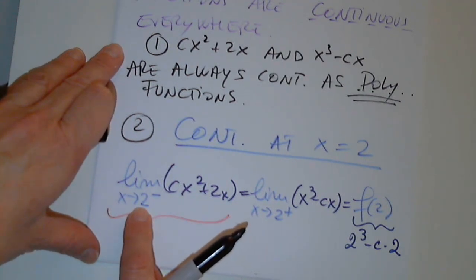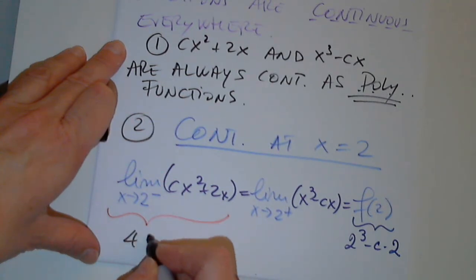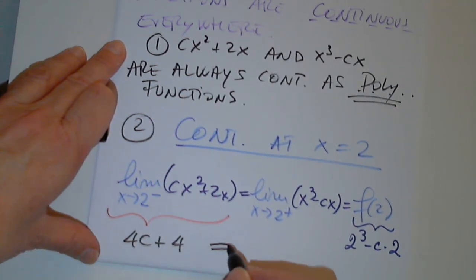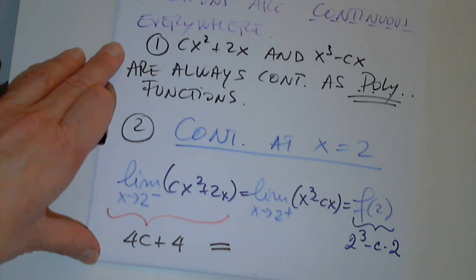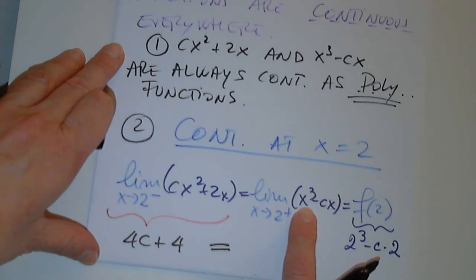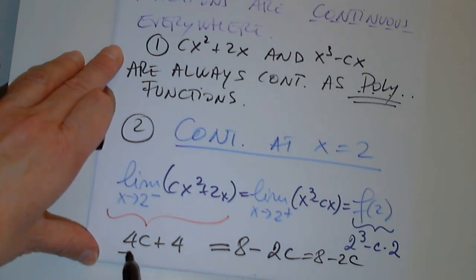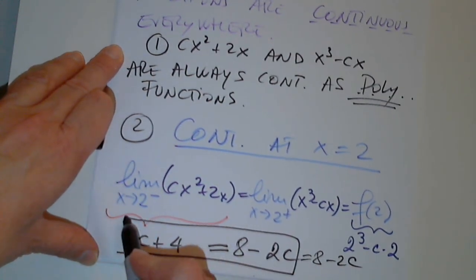But this is, oh, no, 2, sorry, plus 4. Exactly. So you're saying 4c plus 4 must equal 8 minus 2c. There is no need to write it again, but let's write it again. So what do you think I'm going to do with this?